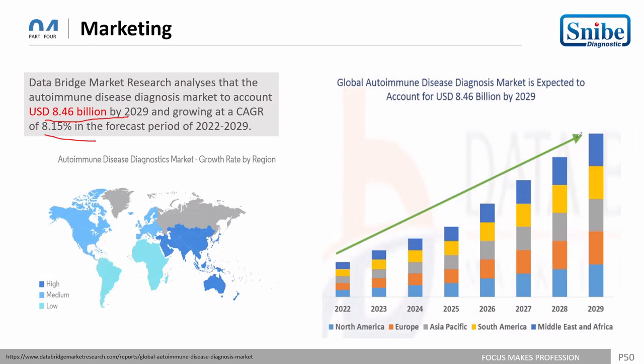As compared to the high, medium and lower prevalence, more growth is observed in the Asia Pacific regions and the Australia region as compared to the North American and Latin American countries, including the European countries as well. So the global autoimmune diagnostic market is expected to be 8.46 billion by 2029.